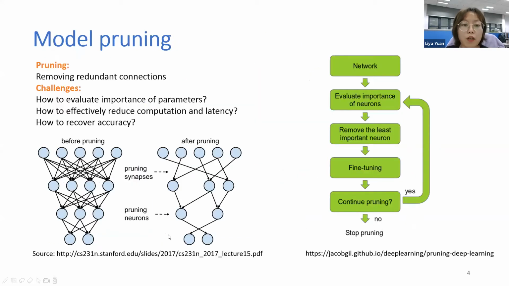Next, I will introduce some technologies that have been introduced in model optimization. First is model pruning. Model pruning refers to the model compression technology of removing redundant connections. You can see from the picture below. Before pruning, a model that has just been trained has all the neurons and all the connections.